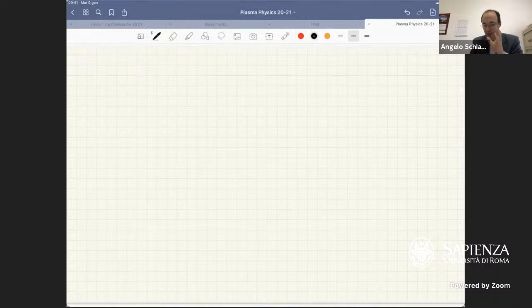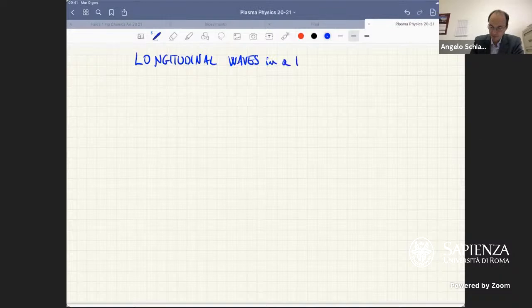represent in a schematic plot, 3 different kinds of waves that we can produce in the plasma. Let's call this plot longitudinal waves in a plasma. So we consider 3 kinds of longitudinal waves. The first one is the wave due to electron motion.